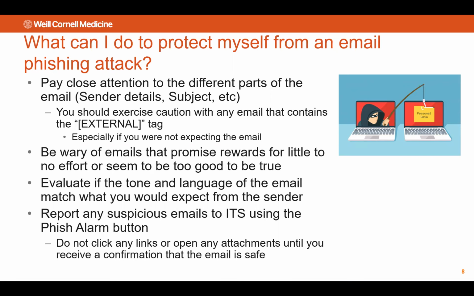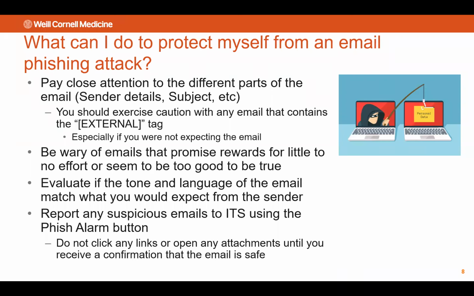And also looking at the sender details, seeing if the sender's using a free email address. Would you expect someone from your bank to be using a free email address? Probably not. They'd probably be using their banking email. Also looking at the subject is important too, and being especially careful with subjects that contain the external tag here at Weill Cornell. So you should especially exercise caution if you weren't expecting the email.